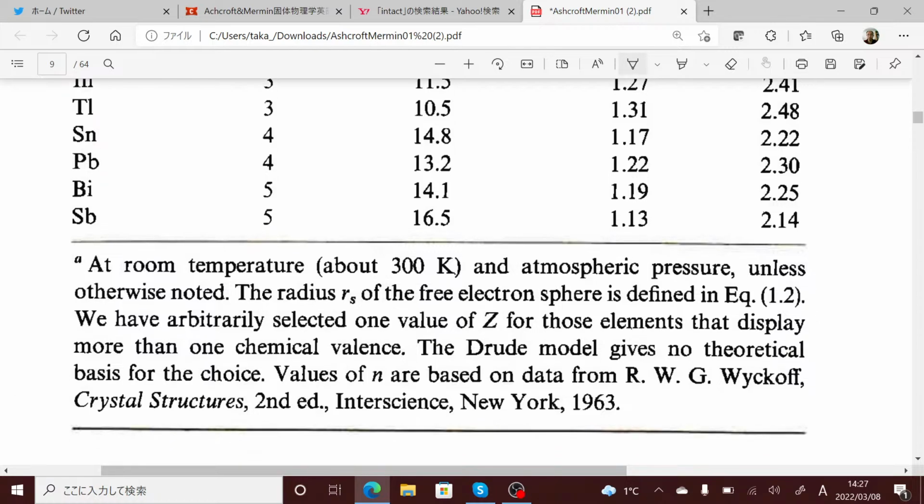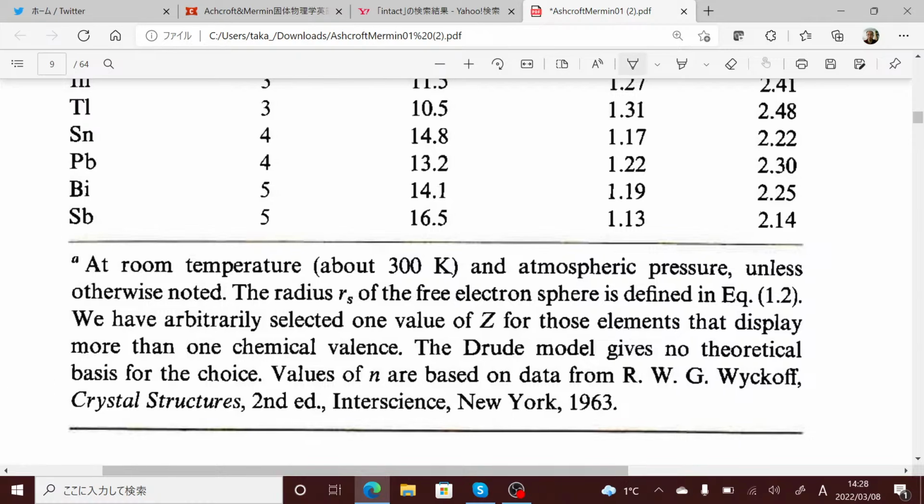We have arbitrarily selected one value of Z for those elements that display more than one chemical valence. The Drude model gives no theoretical basis for the choice.